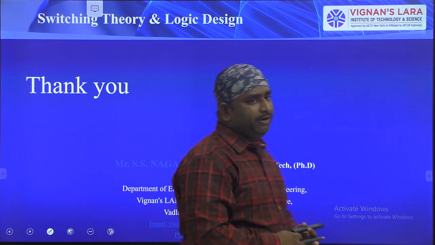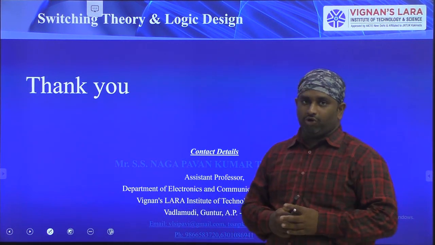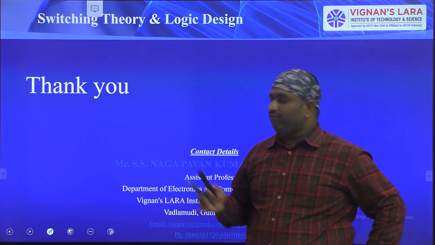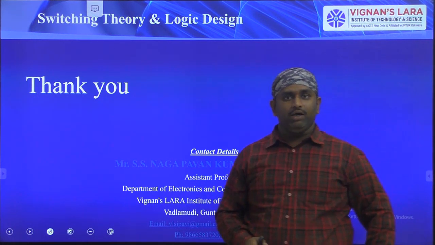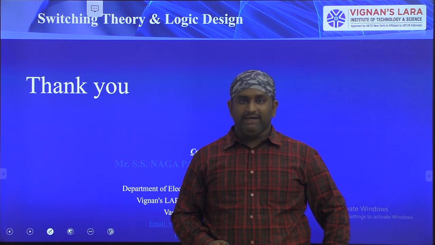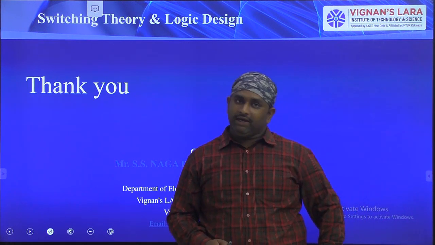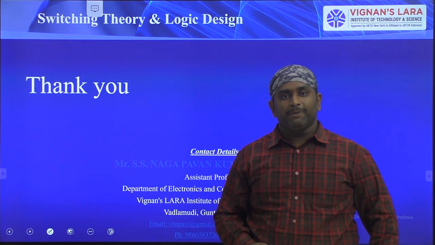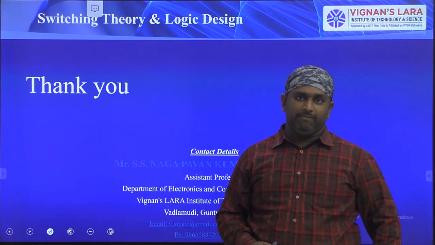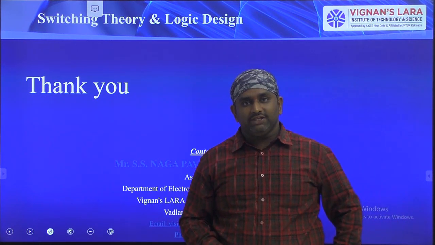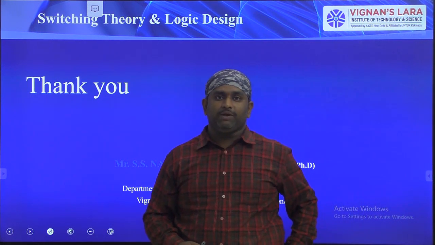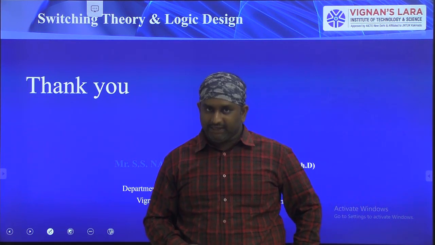Next, I am concluding today's topic, giving the summary of today's lecture. In this class, we have learned what is meant by multiplexer and demultiplexer, and how to represent them. Multiplexers are represented as 2 power n:1, and demultiplexers as 1:2 power n.